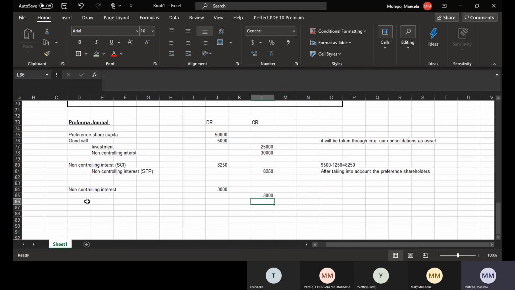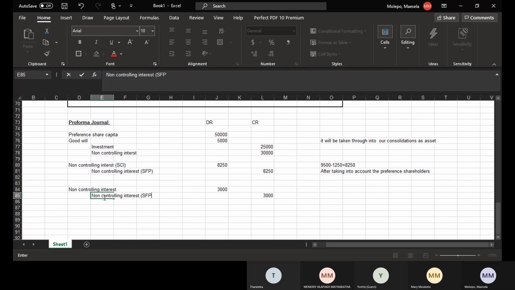This one will also be the non-controlling interest. This one will be SFP, while the other one was the SCI. Then we proceed.